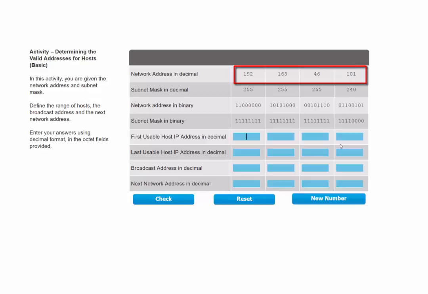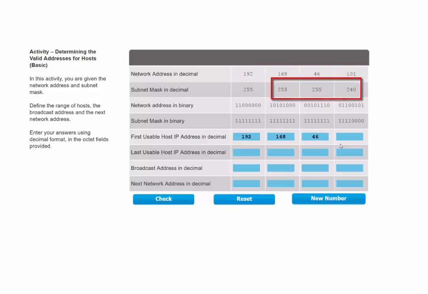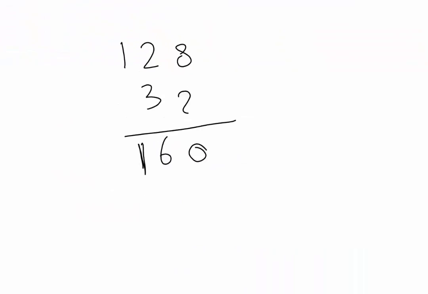So the first usable host will be simply 192.168.46, and then remember here in this byte, we will keep the network portion or the subnetwork number as is, and then the rest will be all zeros and then 1.